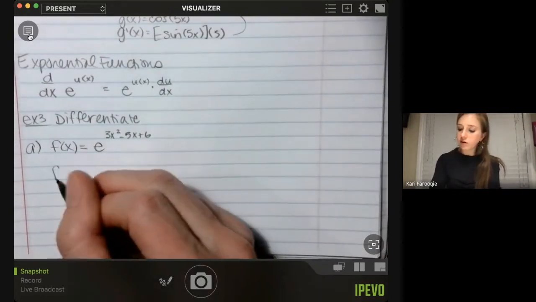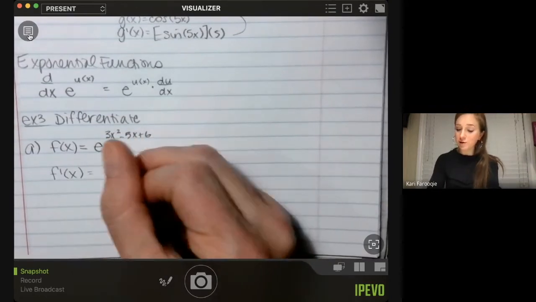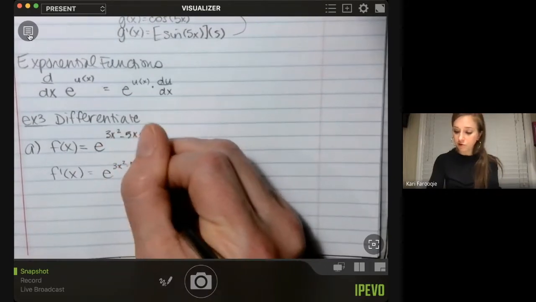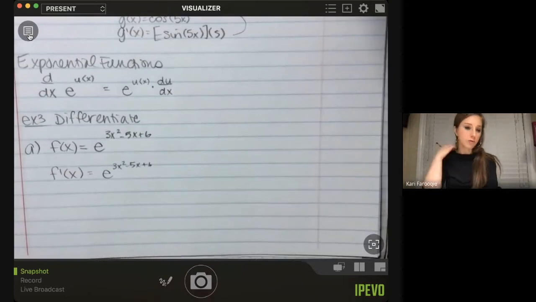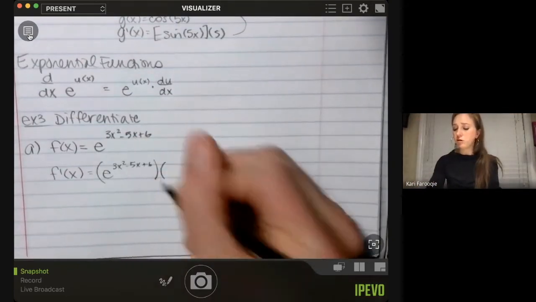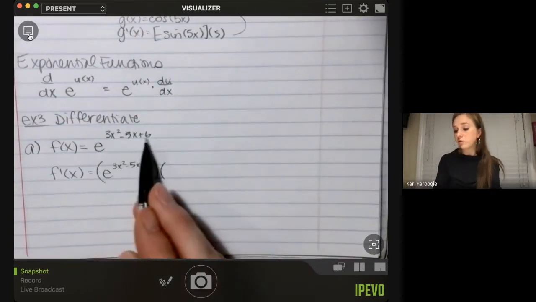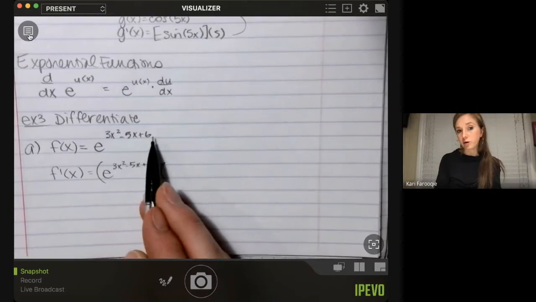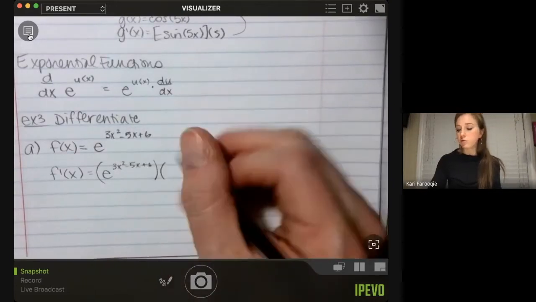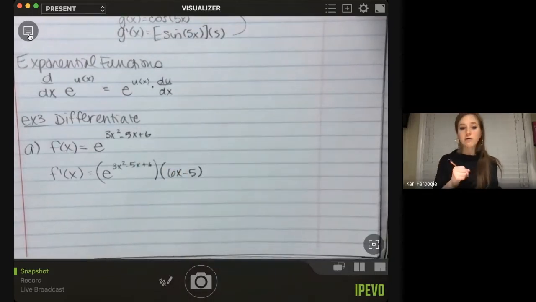Let's go ahead and take the derivative, f prime. I'm going to take the derivative the way I normally would. The derivative of e to the x is e to the x. I'm just going to hang on to this function for a minute. And then I'm going to multiply this whole expression by the derivative of the inside function. The inside function in this case is the one that's in the exponent. So the derivative of 3x squared minus 5x plus 6 is 6x minus 5.